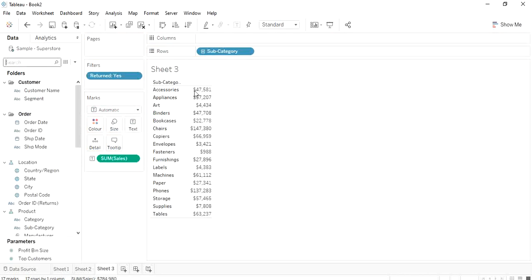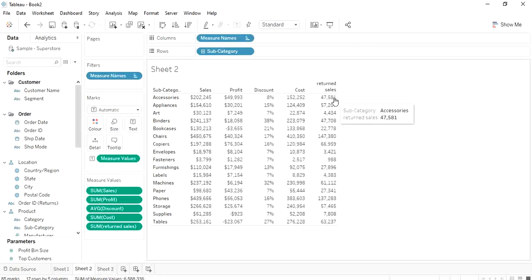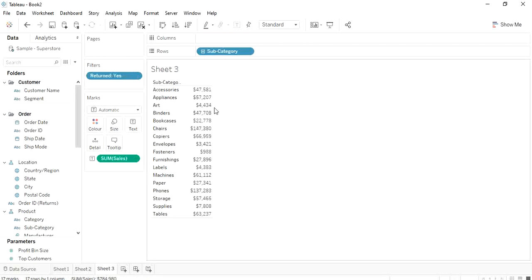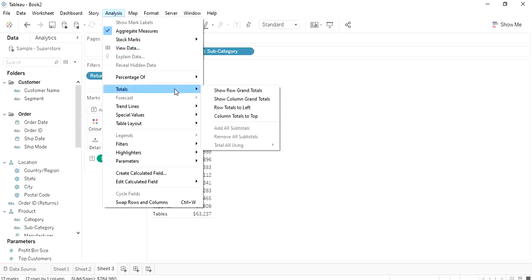Okay, perfect. Accessories has 47,000 of return sales, and yeah, 47,000 is showing here. Appliances has 57,000 of returns, and here also I'm getting 57,000. Perfect.